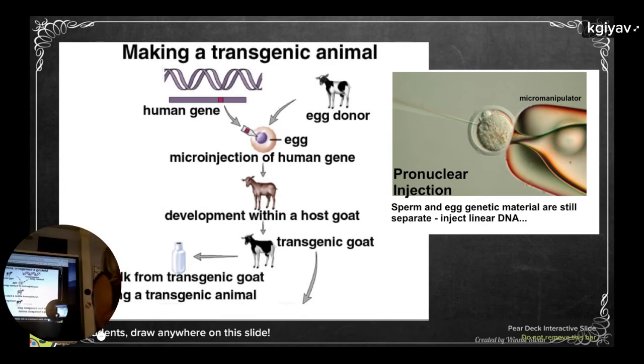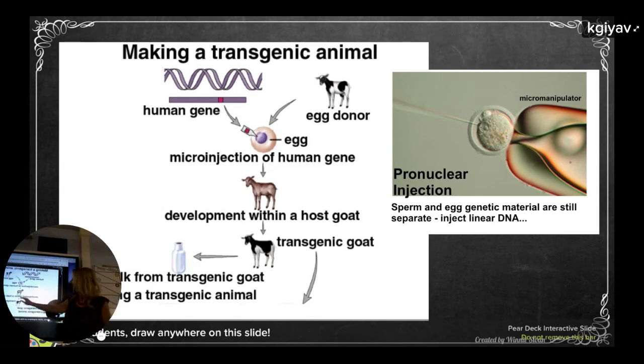So that's why you might start with an egg, right? Some diploid cell, genetically engineer that. Once you have that fixed, then once you've altered that DNA, you find a fresh egg, take out the nucleus, that's called enucleating the egg, put your diploid cell in there, find a host uterus to put it into, and then out comes this transgenic goat that you can harvest your product from.